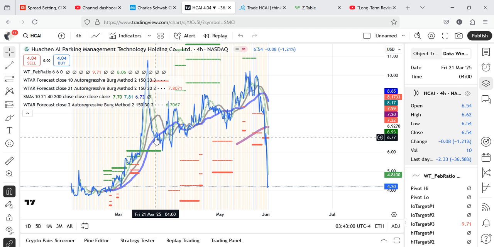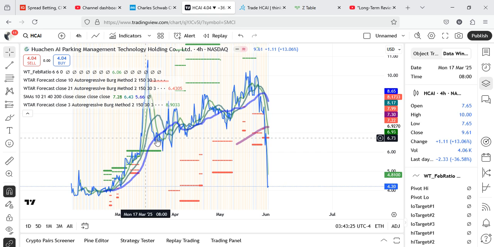Let's move again. 7.70. All of them greater. Apart from the last value, I think. Now we have 8.39. All of them greater as well. And then 6.75. Here we have lower values.